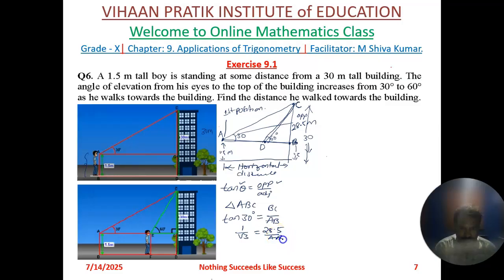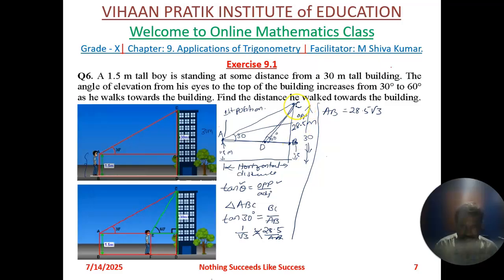So from this, when we cross multiply, we get AB equals 28.5 into root 3. So AB is 28.5 root 3. Now what we got is the total distance from the starting point of the boy to the foot of the tower. We got AB.